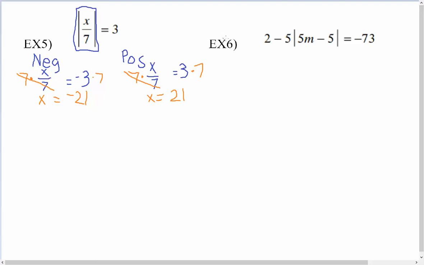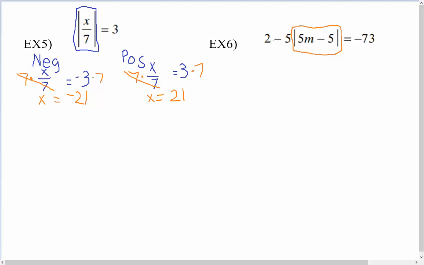Now for a slightly more involved process. So when I look at this particular problem, that absolute value, the 5m minus 5, that's not isolated because we have the 2 minus and the 5 multiplied to that absolute value. So what that tells us is we have to get that box by itself.